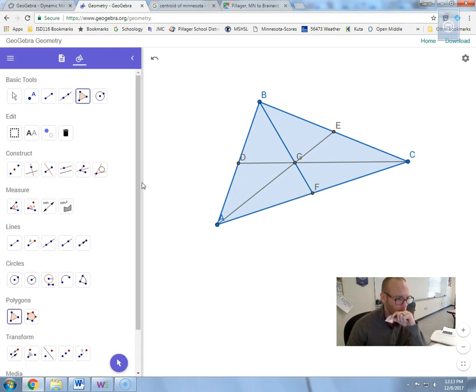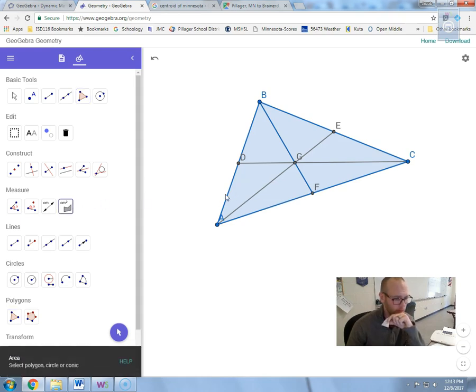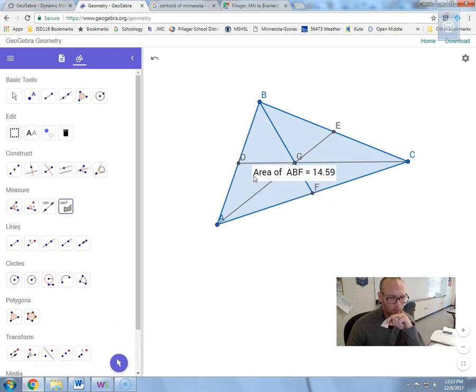Okay. So I'm wondering if we can find the area of this triangle. Area of triangle ABF, 14.59. How about the area of this triangle over here? Area of triangle BFC using my area tool, 14.59. They're the same area.